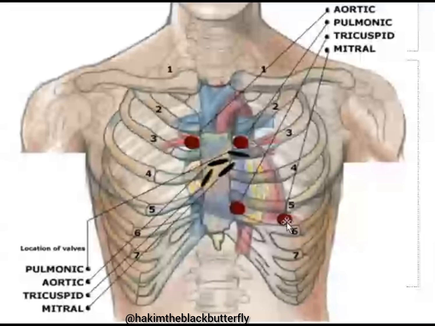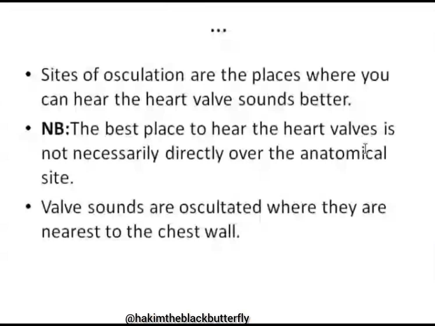The surface landmark for the apex of the heart is also the same as the area for auscultation of the sounds of the mitral valve or bicuspid valve. The other name for mitral valve is bicuspid valve. So I have given you all these notes. What I've been talking about are all in these notes.